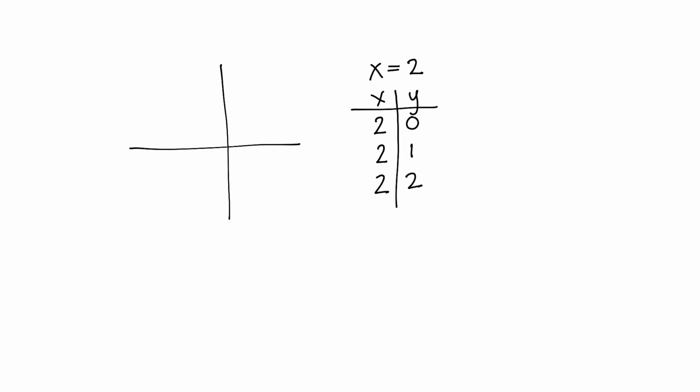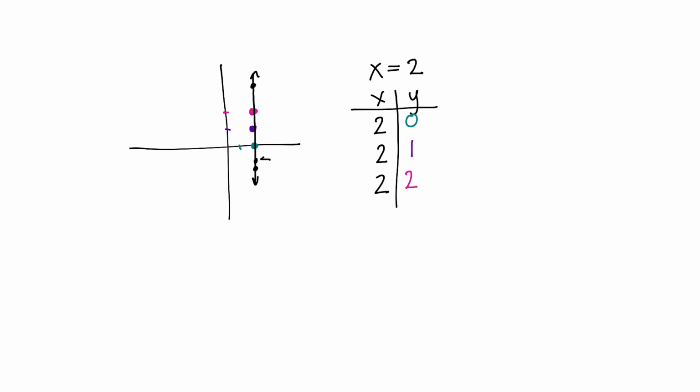So I'll go back and do them in colors so I can refer to them. 0, 1, 2. So the teal point is at 2, 0. The pink or purple is next at 2, 1. The next one is at 2, 2. So what's happening? It's making a vertical line. Every single point on that line has an x value of 2.